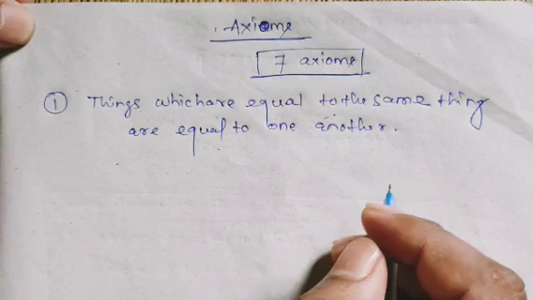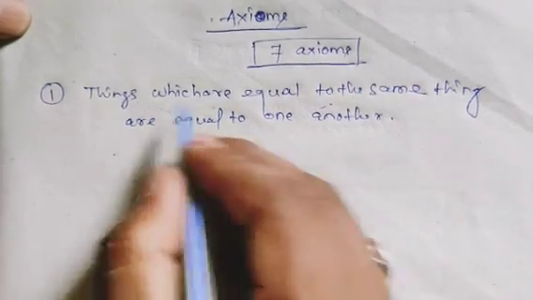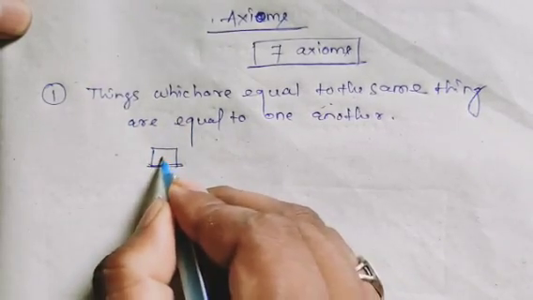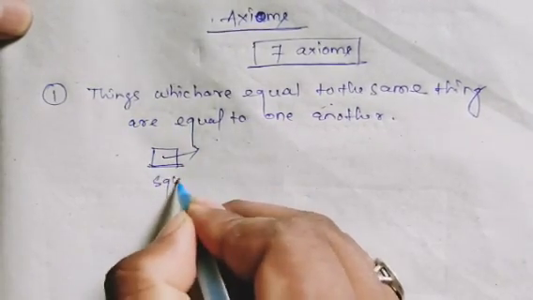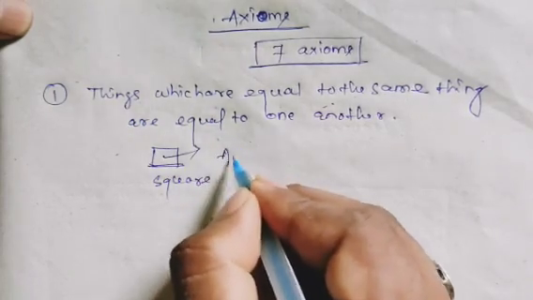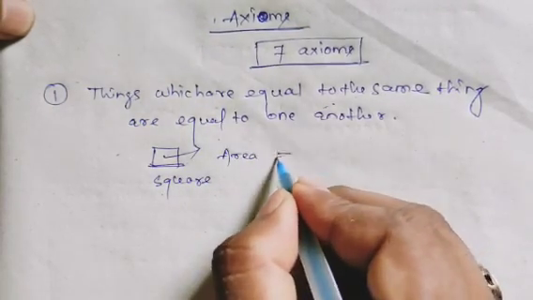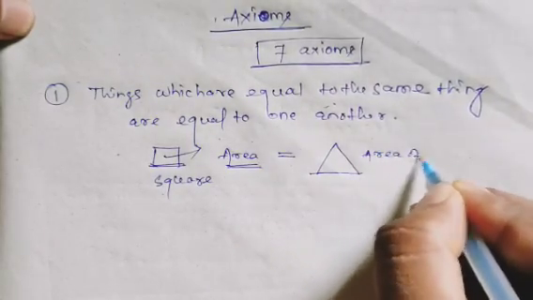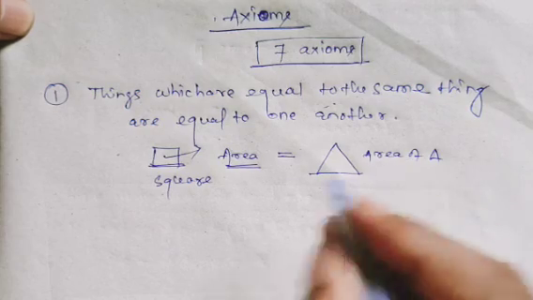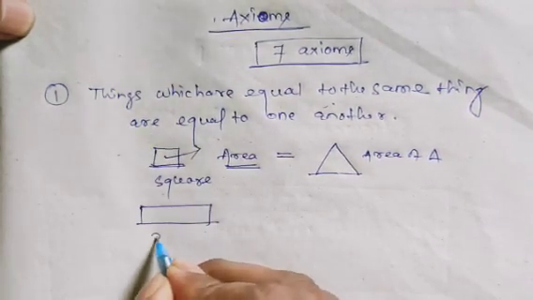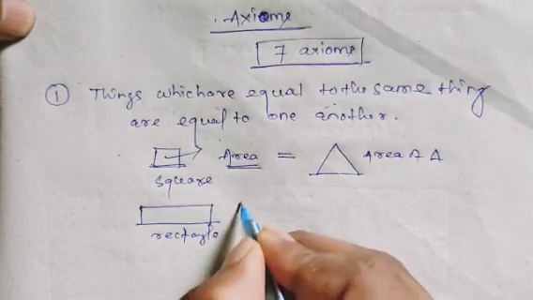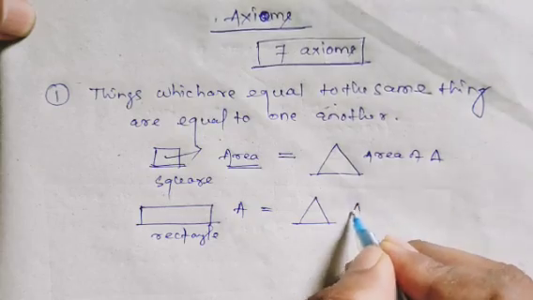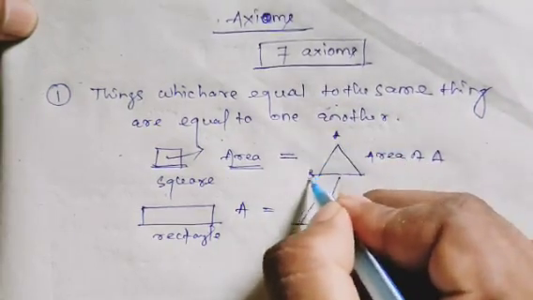What is the meaning of this? Things which are equal to the same thing. Let this be a square whose area is the same as the area of this triangle ABC. And there is a rectangle whose area is also the same as the area of this triangle.